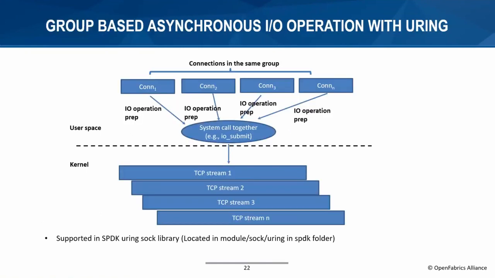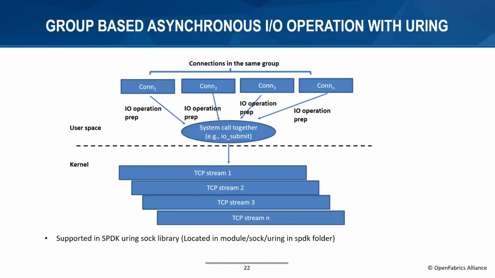This page just shows a group-based synchronous I/O operation with io_uring. You know that there are many connections in the same group. So for each connection, it will prepare the write, and we can just use one system call to submit.